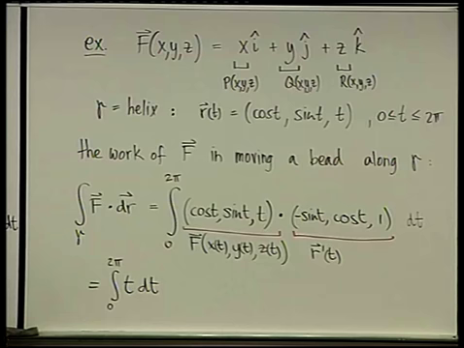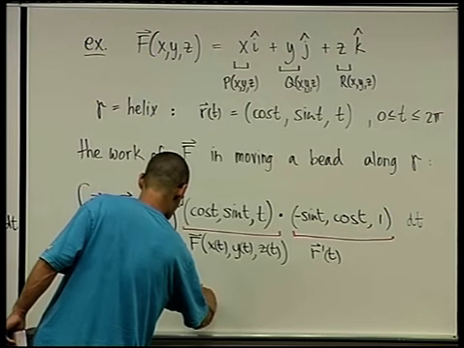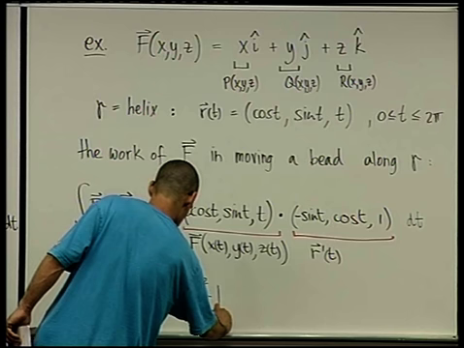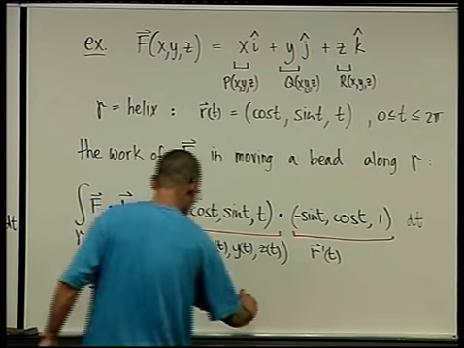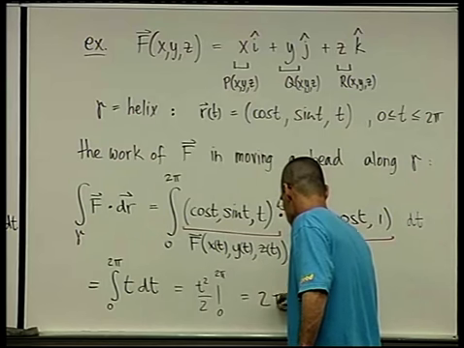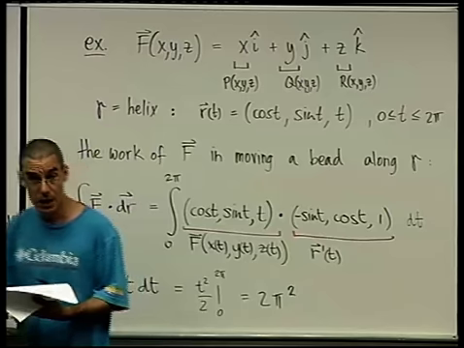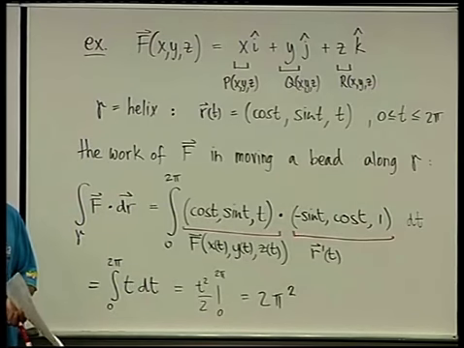Okay, we're going to do more intriguing examples later. So we get t squared over 2 evaluated between 0 and 2 pi. So we get 4 pi squared divided by 2. So we get 2 pi squared. Questions? Is it clear? Good?